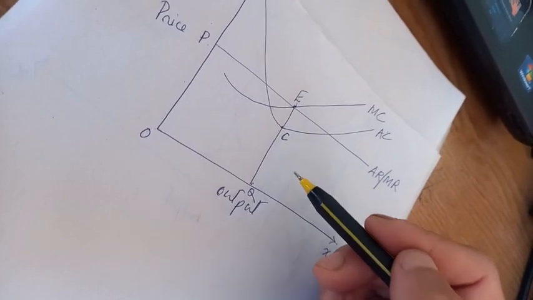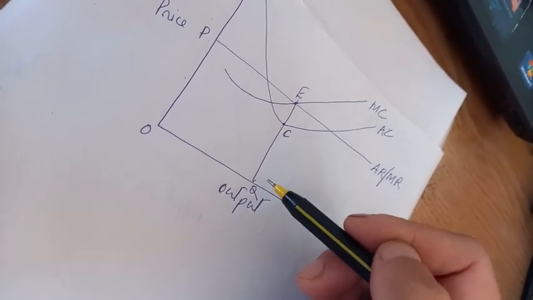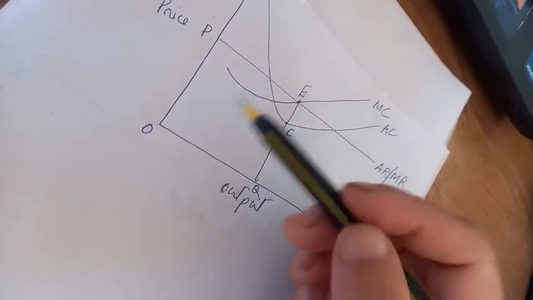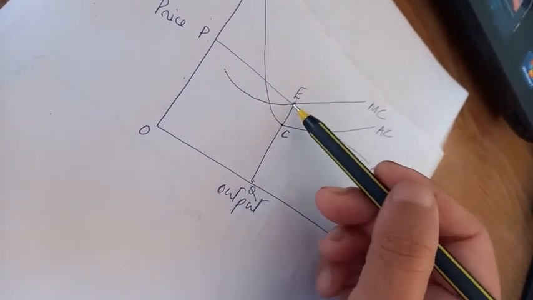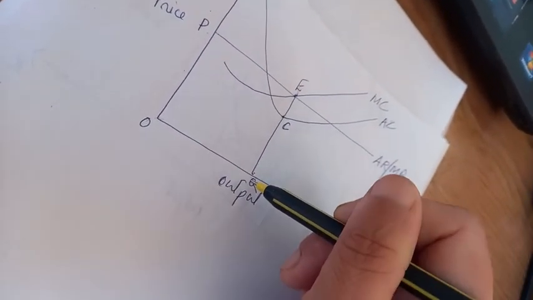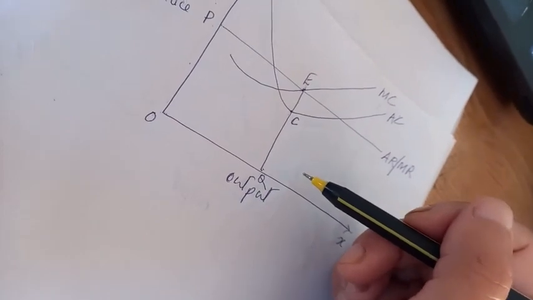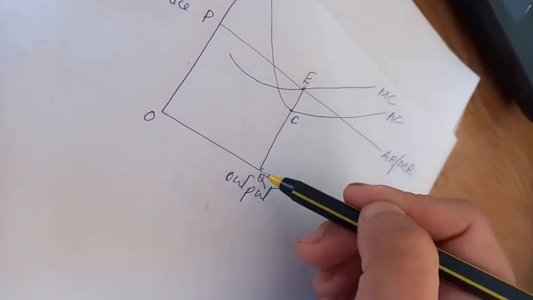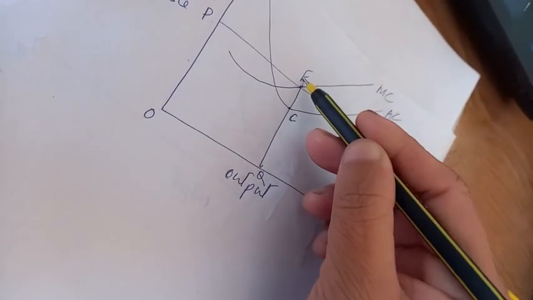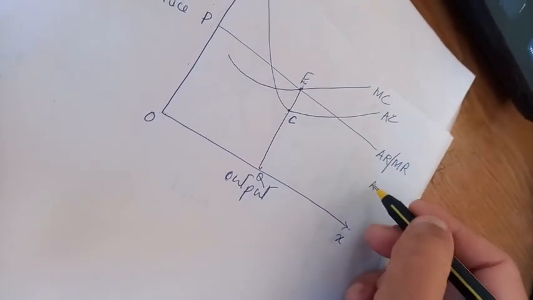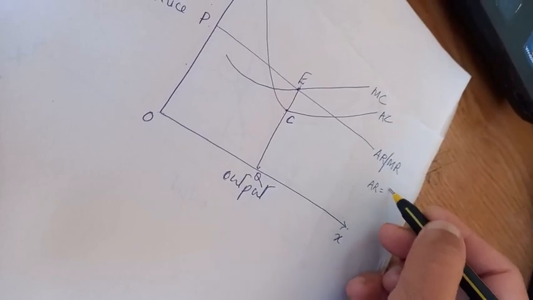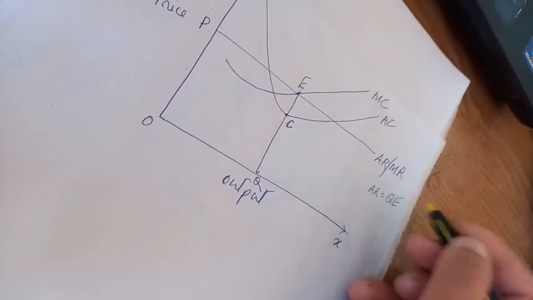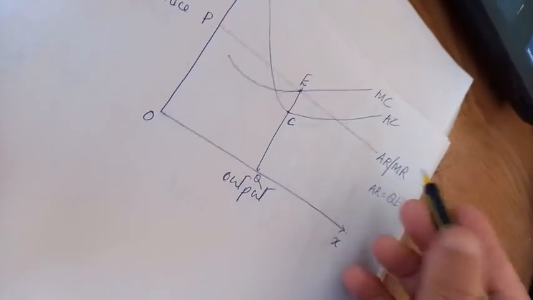The price that the firm charges for its product is OP or EQ. Let's find out how much his average cost is. His AR is QE, or OP, the same.